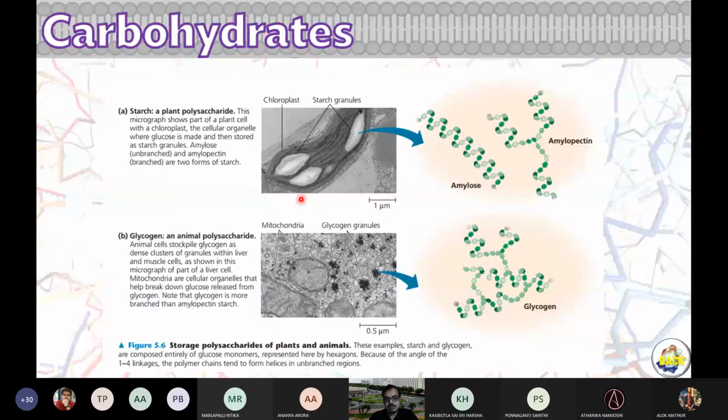And if you are vegetarian, you take starch. Your body is more used to taking starch and processing it and getting glucose. And if you're non-vegetarian, you take glycogen from muscles and liver of animals, cooked, of course. And from that you get sugar, okay, glycogen.